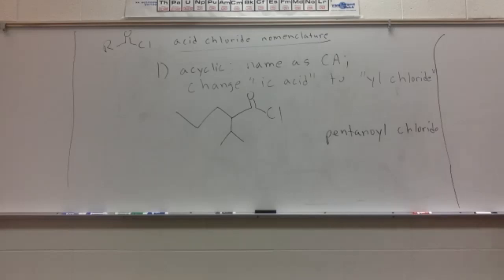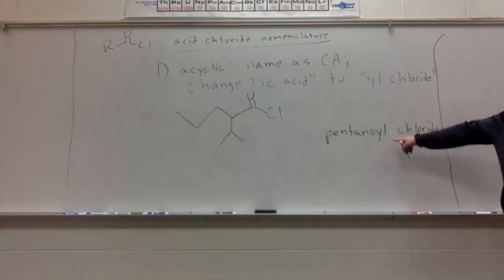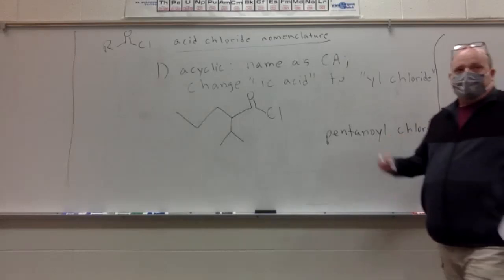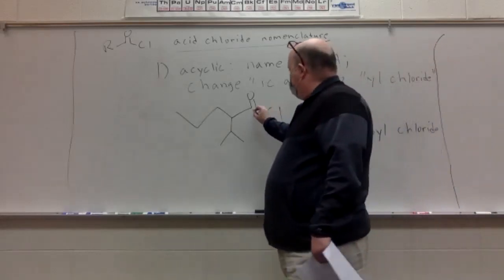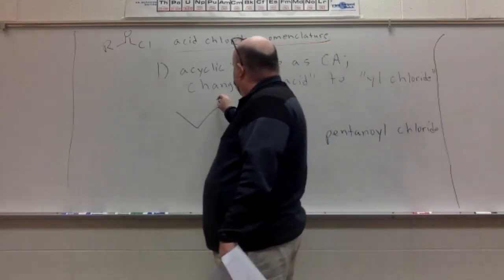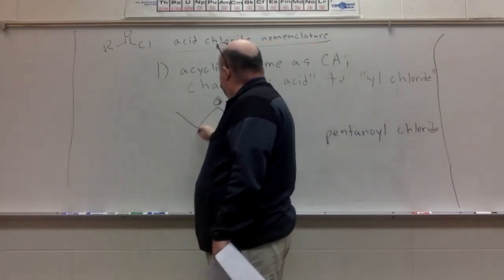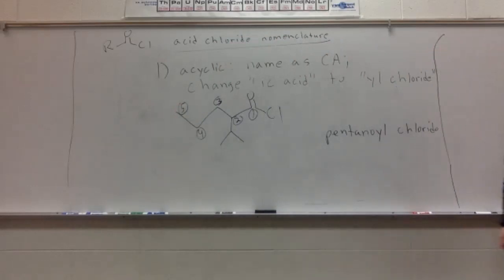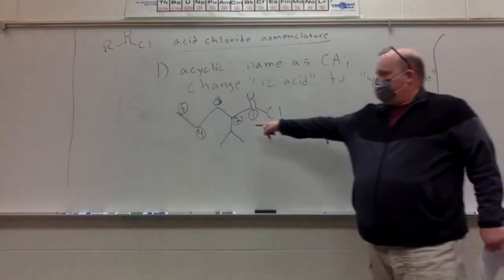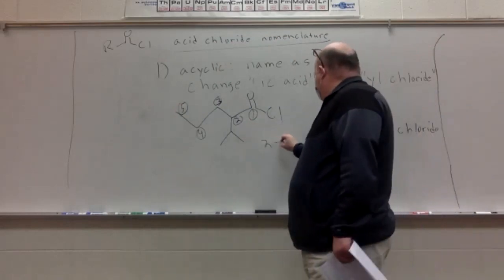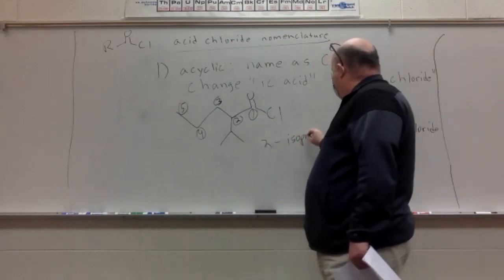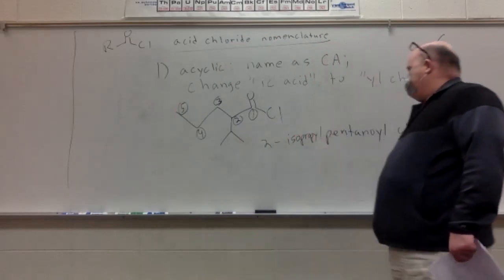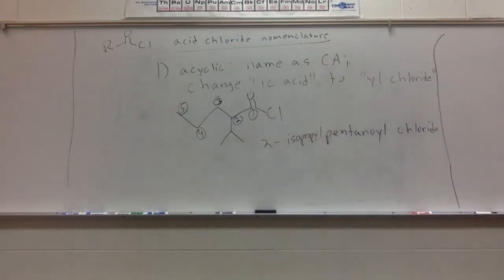Pentanoyl chloride, right? Just like with acids, you're going to assume that this is carbon number 1. All right, so then you can put in your substituents. We're just going to have an isopropyl group here at number 2, so that becomes 2-isopropyl pentanoyl chloride.